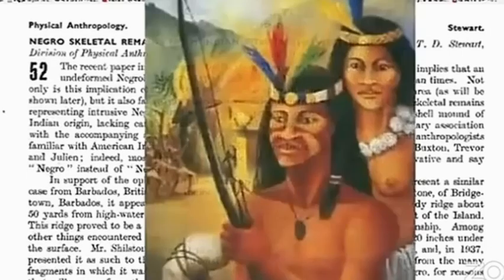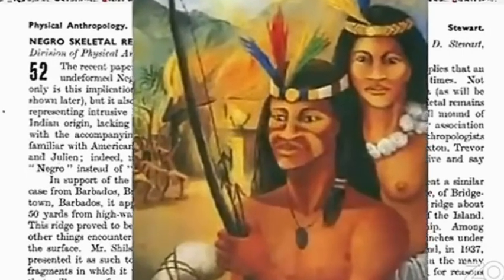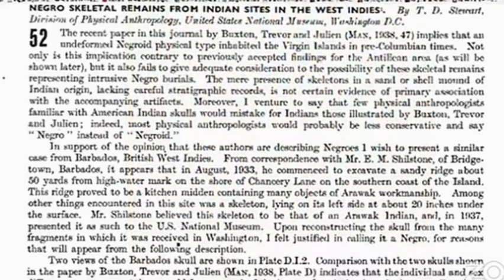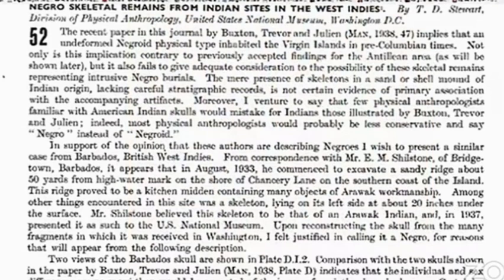The ridge proved to be a kitchen midden containing many objects of Arawak workmanship. Among other things encountered in the site was a skeleton, lying on its left side at about 20 inches under the surface. Mr. Shilstone believed this skeleton to be that of an Arawak Indian, and in 1937 presented it as such to the U.S. National Museum.